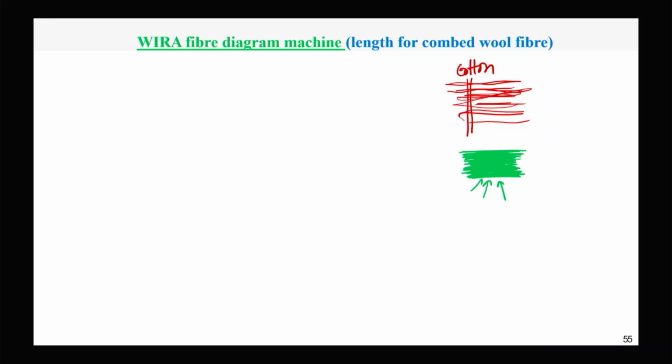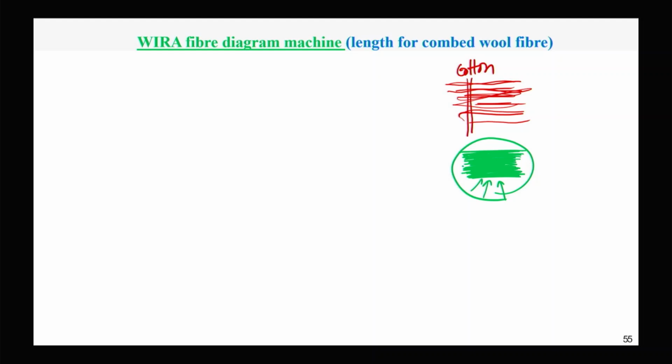So, the technique of light scanning cannot be applied in case of wool fiber. One should be very clear that if we try to use the same technique for wool fiber, we will get a wrong result.